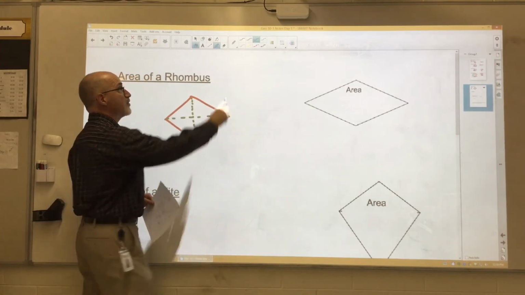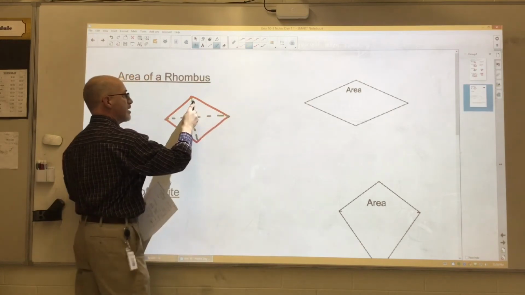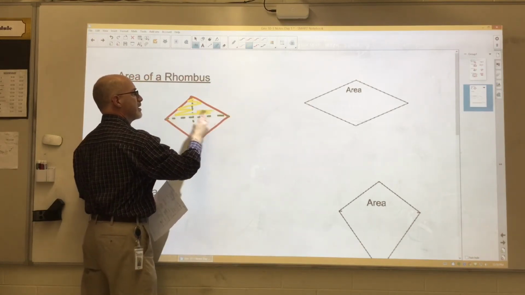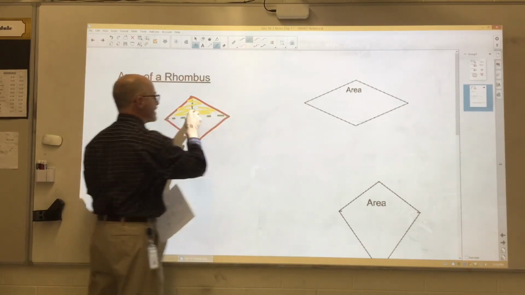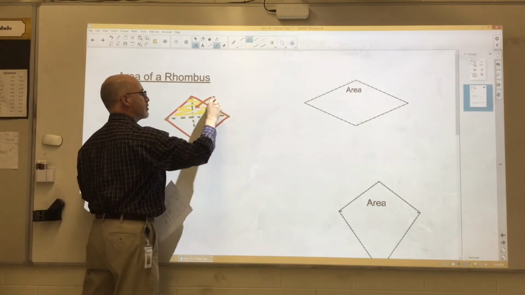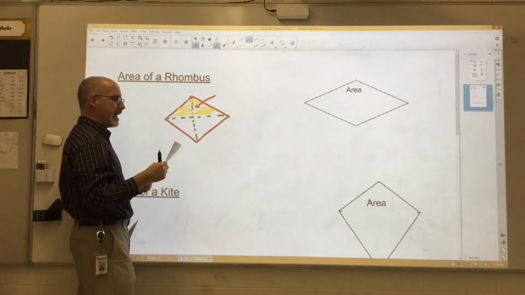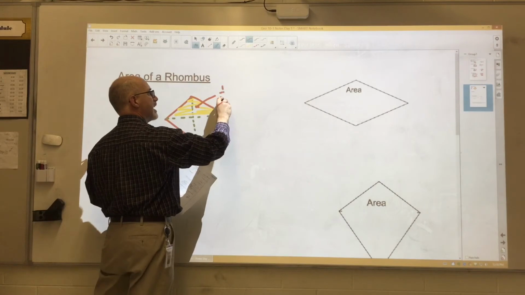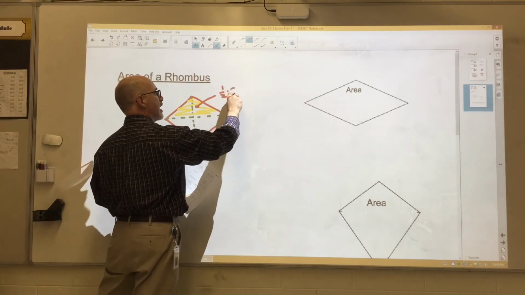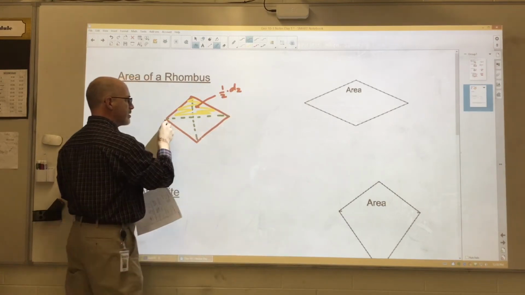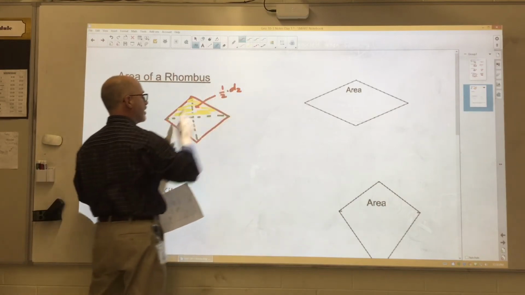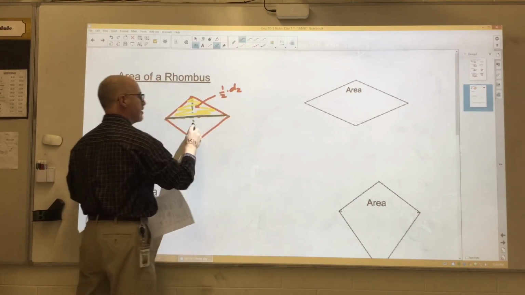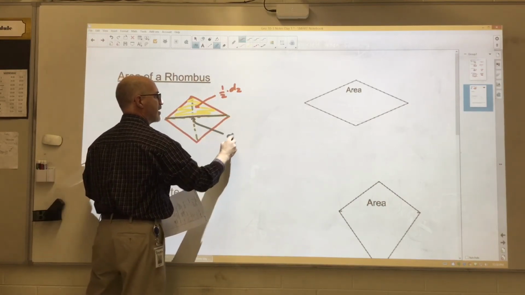So if I just focus on this triangle up here, what I have is that this height, which is what we want to have, that height is half of a diagonal, so I'll call diagonal 2, whereas this whole diagonal here, I'll call diagonal 1.